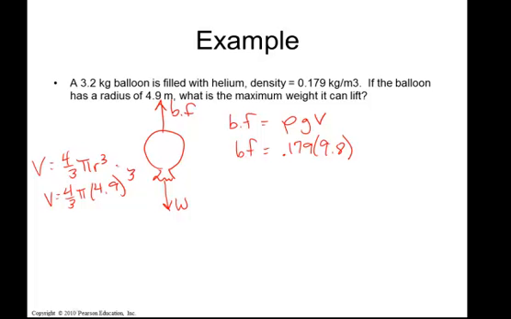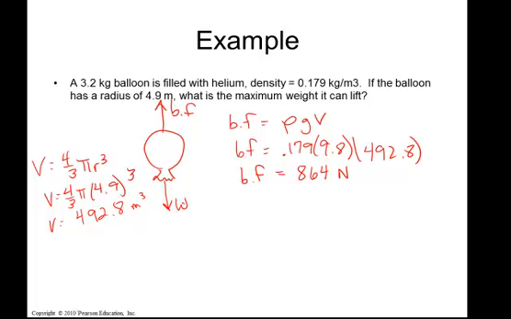So if I take 4.9 cubed and I take it times pi and times 4/3, I get 492.8 meters cubed. Okay, so I'm going to go ahead and find my buoyant force by multiplying all those together. And I get 864 newtons.